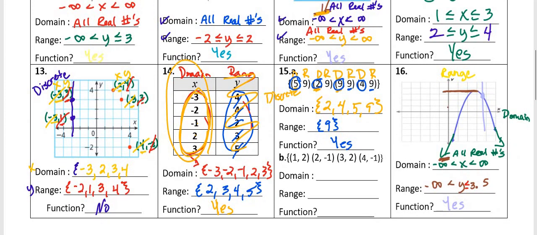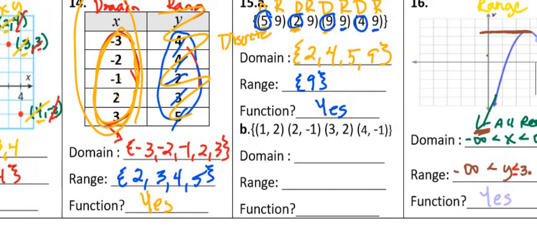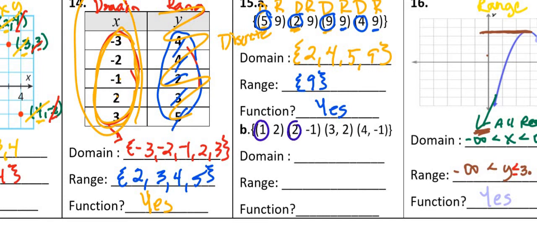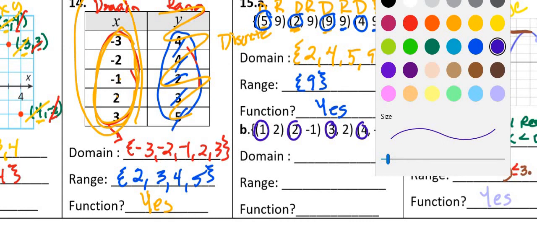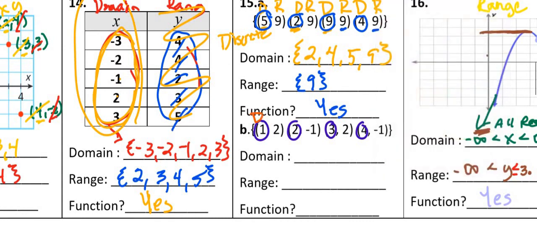Now this next one, number 15, B, I see I have a 1, 2, 3, 4. When I look at those numbers, the first one in each ordered pair, which is called a relation, is your domain. So I have 1, 2, 3, 4.